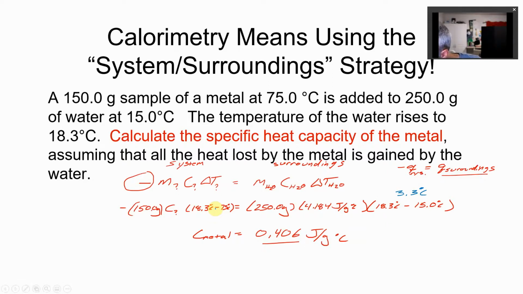Did it say 75.0? It did say 7.0, so we're going to get negative 56.7. So we've got 3 sig figs there, 4 sig figs, 4 sig figs. It looks like this is going to be the limiter. I should really drop this down to 2 sig figs, 0.41 joules per gram degree Celsius. All right, very good.